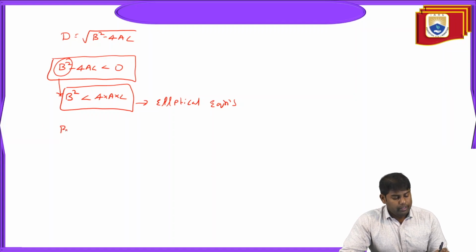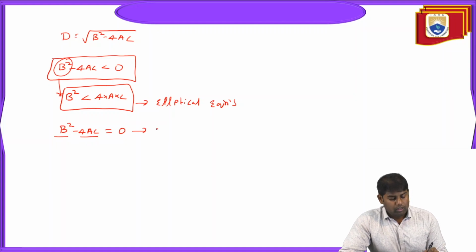Now, when b square minus 4ac is equal to 0, what is the meaning actually? The b square term and the 4ac term are both equal, that is why it is coming 0. Then it is called a parabolic equation.